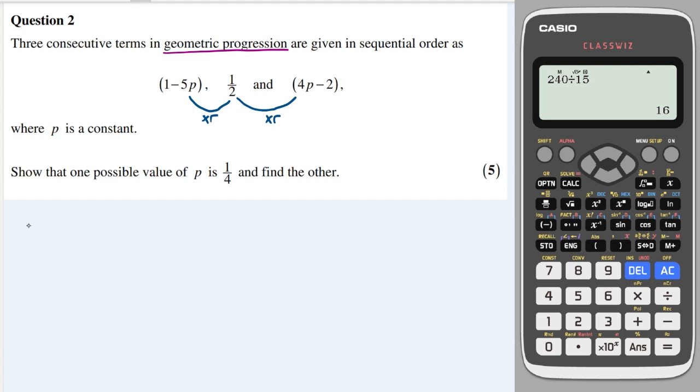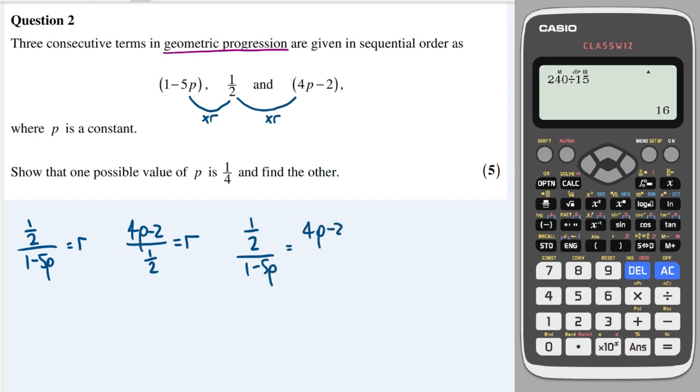So we can write that 1/2 divided by 1 minus 5p is equal to r. And we can also write that 4p minus 2 divided by 1/2 is also equal to r. Okay, so we can equate these. If they're both equal to r, they must both be equal to one another.